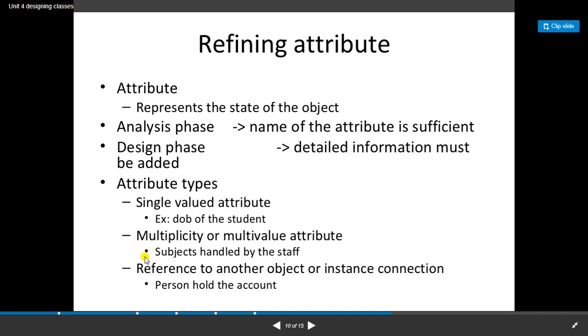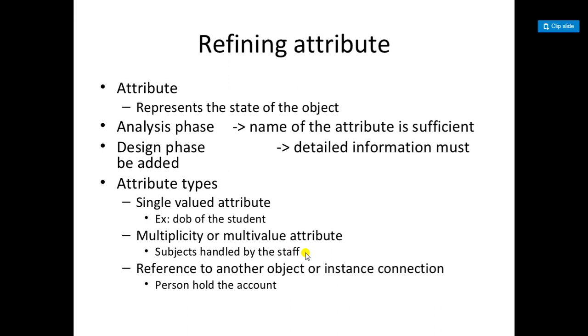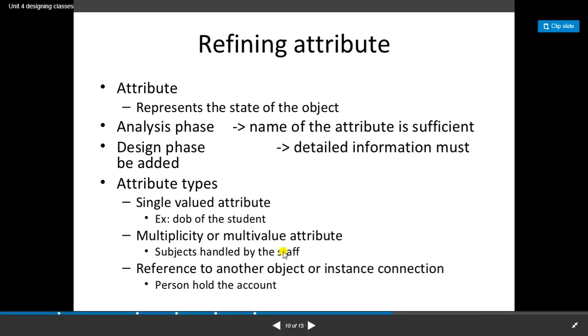The second type is the multiplicity or multi-value attribute, for example, which subjects are handled by the staff. A single staff can handle two or more subjects. That is an example of a multi-value attribute.